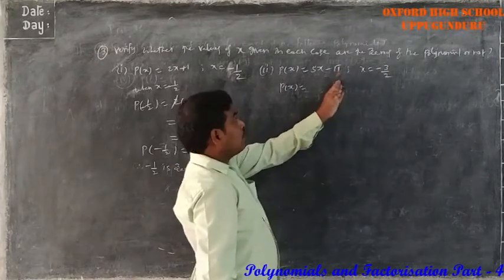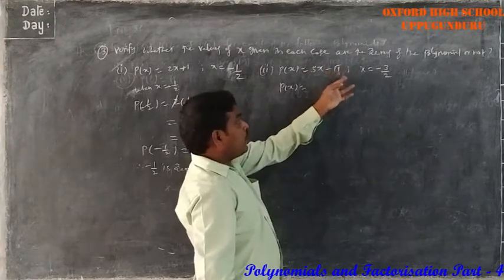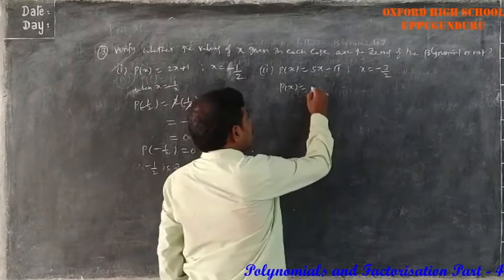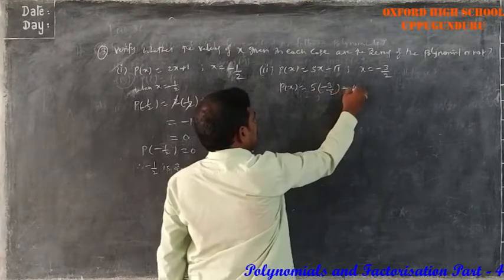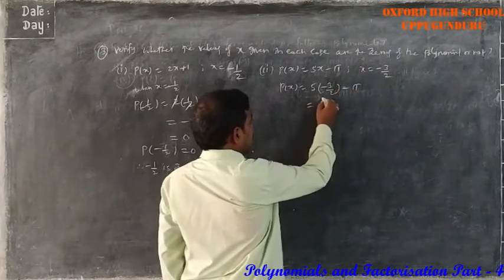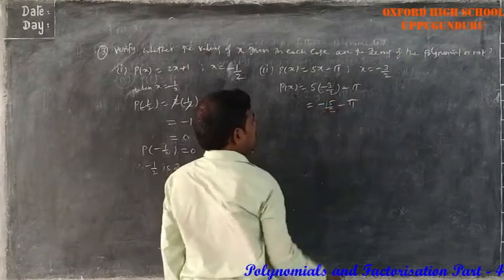No need to substitute what is the value of pi. Pi is 3.14 you can take, or 22 by 7. Here no need to substitute that value. 5 into x equal to minus 3 by 2 minus 5. So 5 into minus 3 by 2, minus 15 by 2 minus 5.